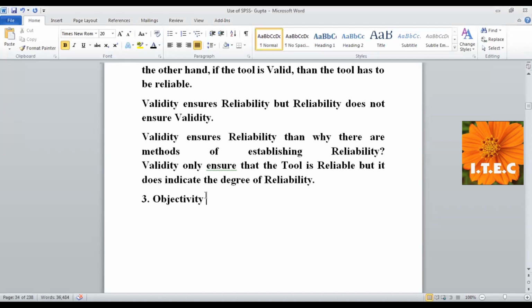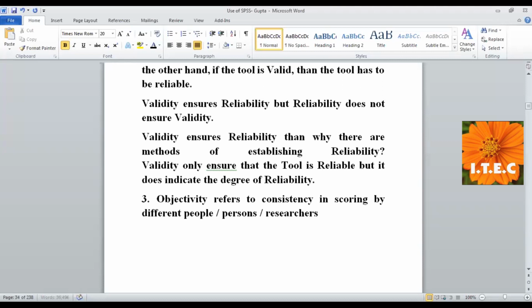So objectivity refers to consistency in scoring by different people, or by different persons, or by different researchers.